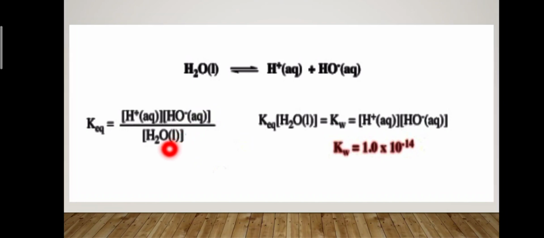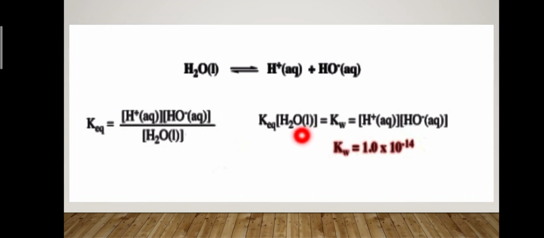This H2O goes here, and the equation becomes K equilibrium H2O, which is equal to Kw. And Kw means K equilibrium H2O.